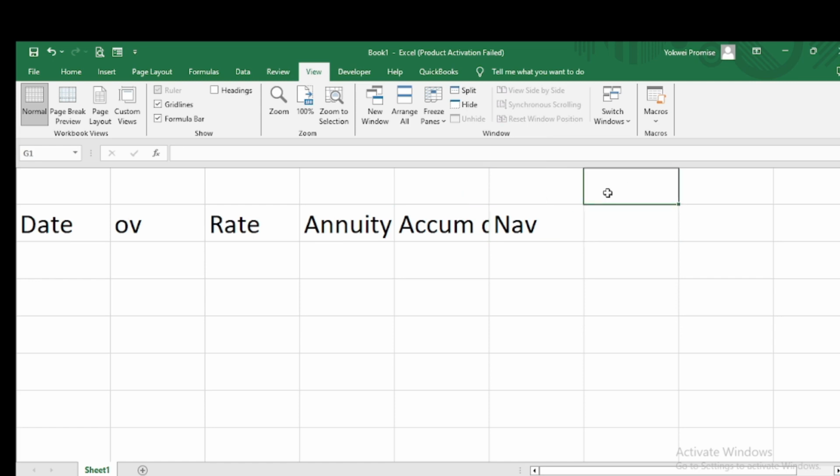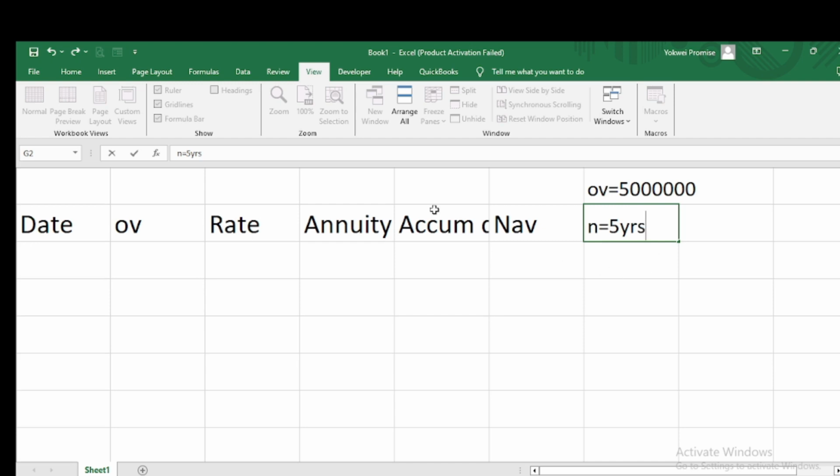With respect to this exercise, the original value, our OV, has been given to be 5 million. Then N, which is the duration, has been given to be 5 years.